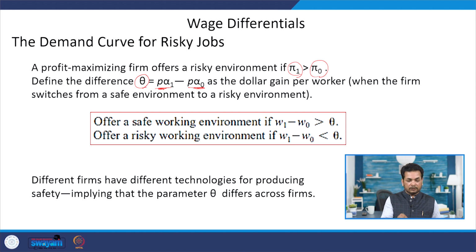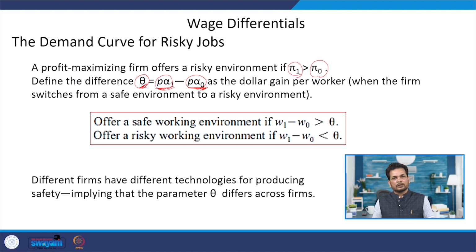P alpha 0 is the marginal product of revenue in the safe environment, P alpha 1 is the marginal product of revenue in the risk environment, and the difference between these two, let us say it is theta. This theta explains the dollar gain per worker, how much gain the farm is going to have per worker when the farm switches from a safe environment to a risk environment.